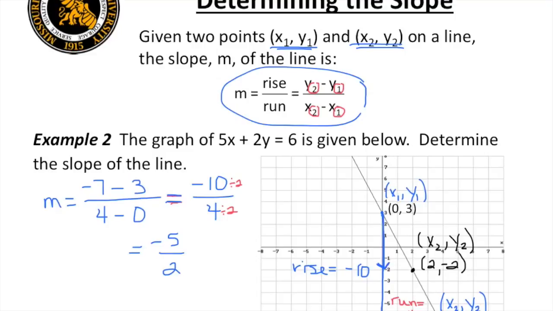But then we would be moving over to the right 2. So notice what we did. We had a rise of -5 since we moved down, and we moved to the right 2, which is the same slope as what we got when we used the other 2 points.